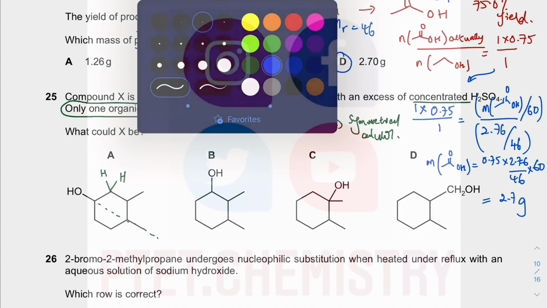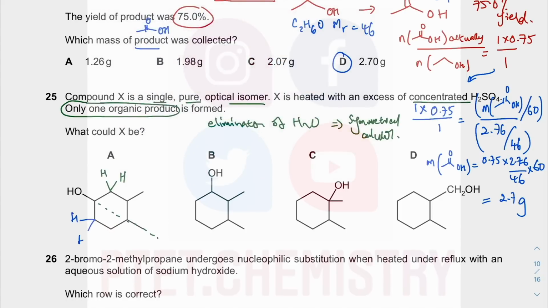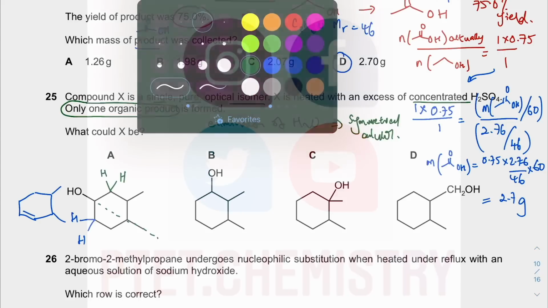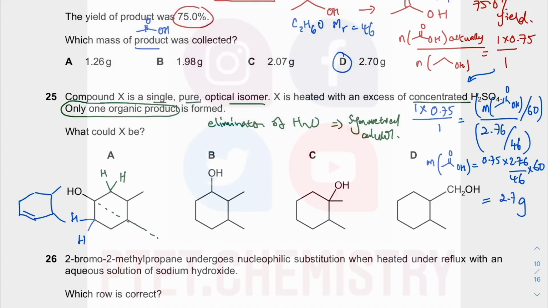So actually removing this hydrogen colored in blue is different from removing this hydrogen in green. If I show you the example, this will give you that, and that, and the other one in green will give you that, and that. Are they the same or are they different?